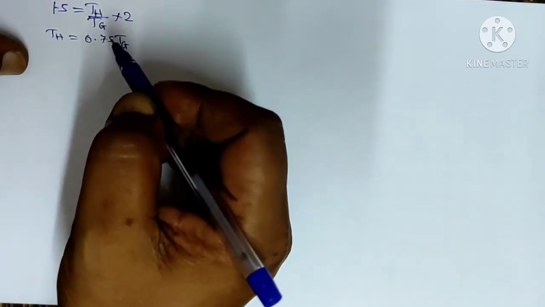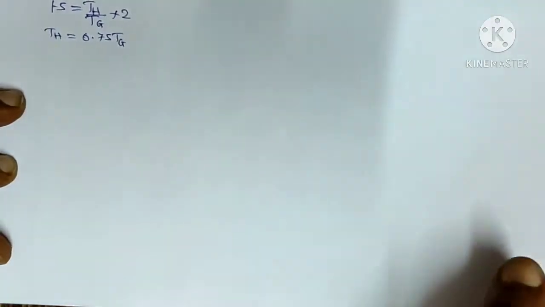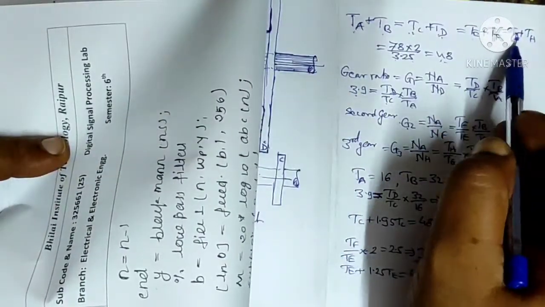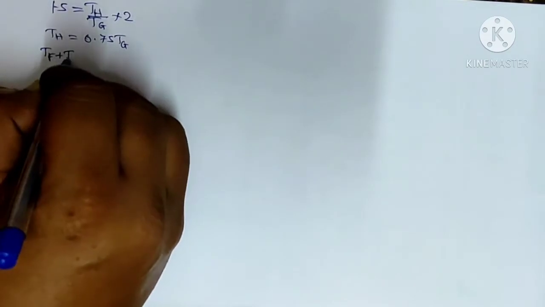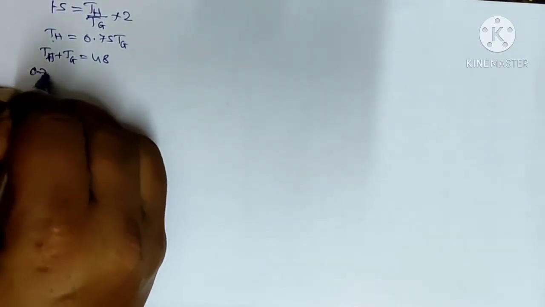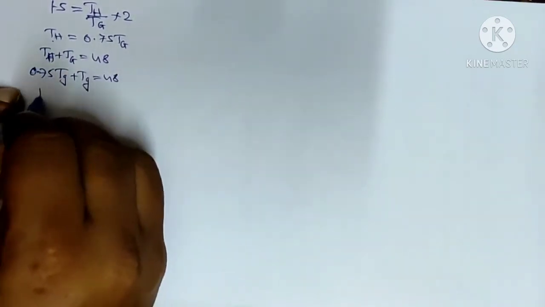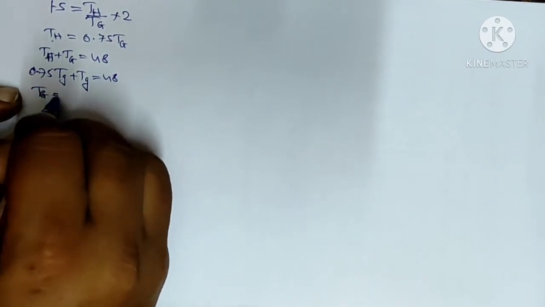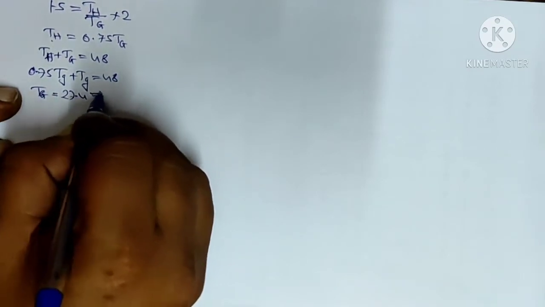And if we consider the equation TG plus TH equals 48, and we substitute the value of TH, it will be 0.75 TG plus TG equals 48, or TG equals 27.4, say 27.